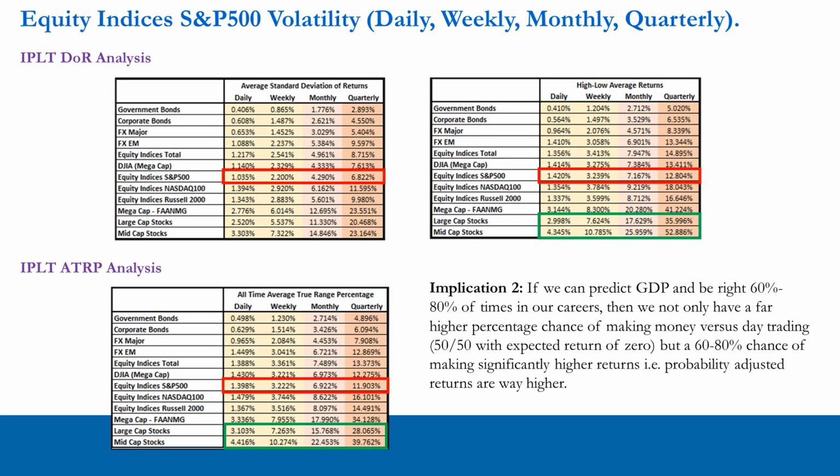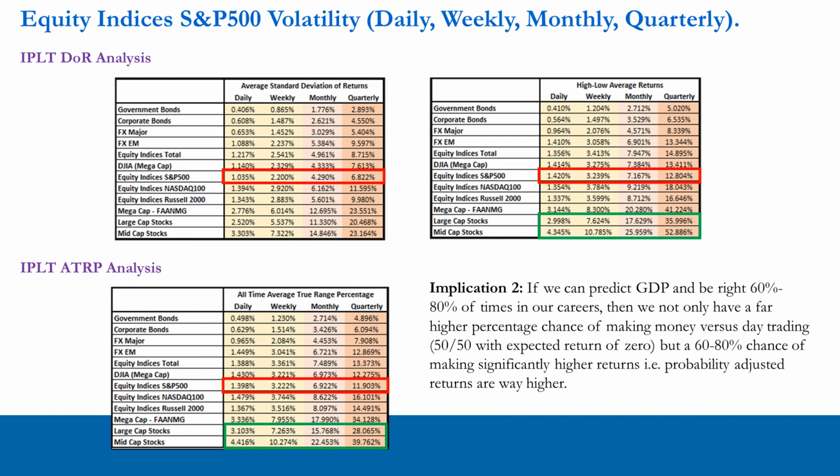Now, if you've done the IPLT video series, this will be familiar to you, where we look at equity indices, so S&P 500 volatility. We look at daily, weekly, monthly, and quarterly, and we compare it to stocks. Okay, we compare it to volatility. So if you look in the top left here, we looked at the distribution of returns analysis, the average standard deviation of returns, and highlighted there is the S&P 500 daily, weekly, monthly, and quarterly numbers, utilizing the distribution of returns method.